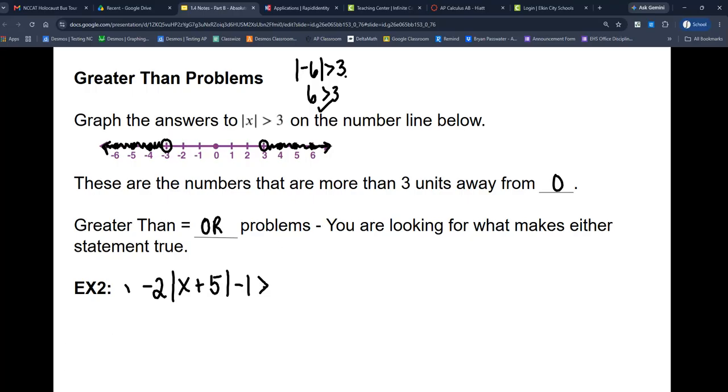I can't erase it. I need that to be a less than sign. Sorry, and I can't erase it. I need it to be a less than sign. And let's do -7 right there.